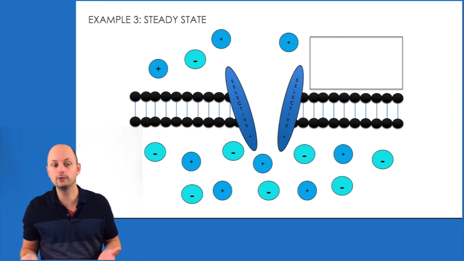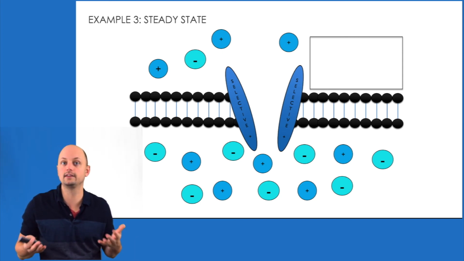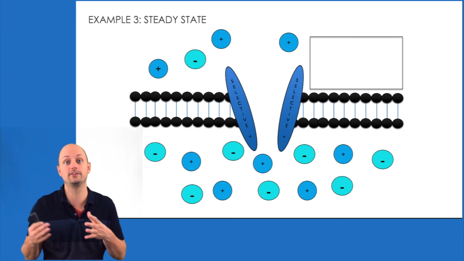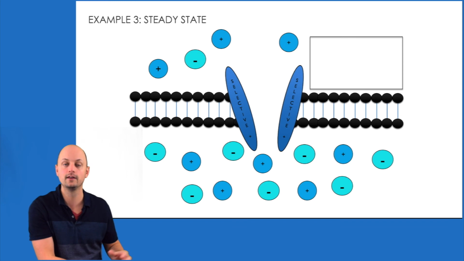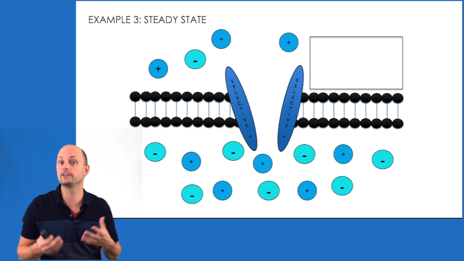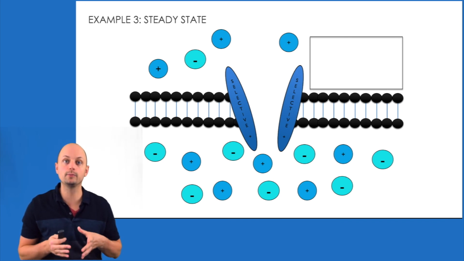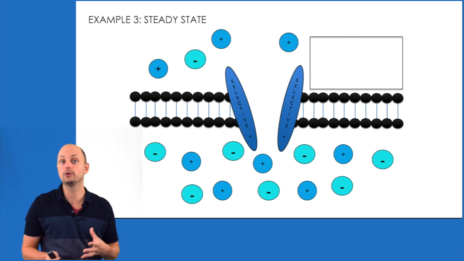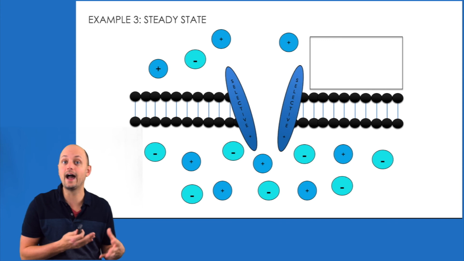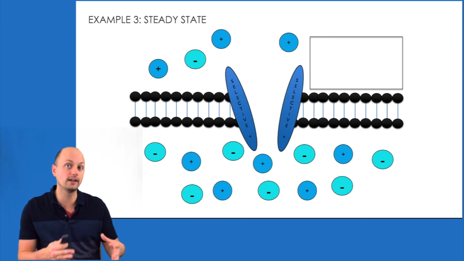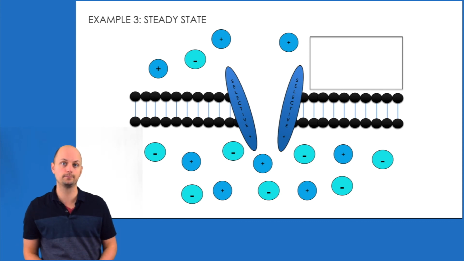Sometimes people get confused because they wonder in this example why the positive charges are moving back in instead of the negative charges moving out. The reason for that is because of permeability. The ion channel in this example is only permeable to positive charge. So even though those forces exist and are acting on the negative charges too, the negative charges are physically unable to move across the membrane.